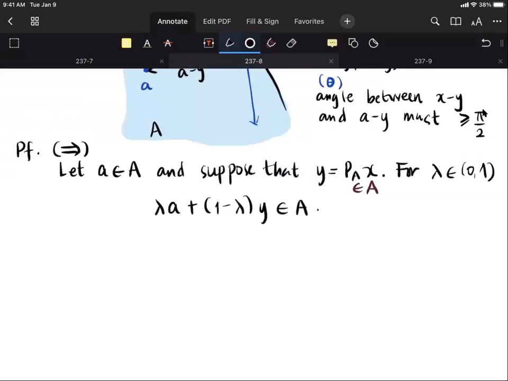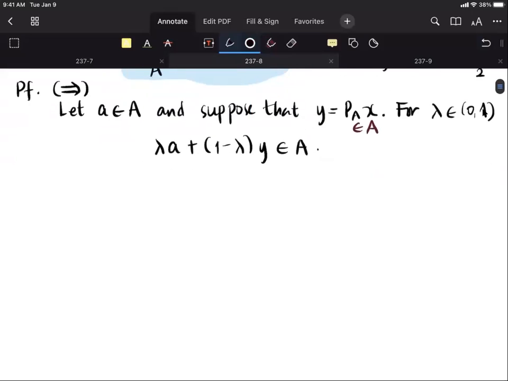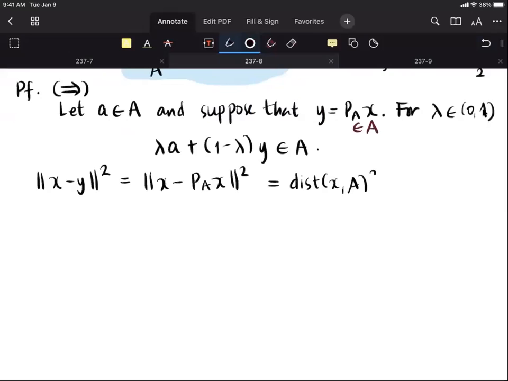So from this, let us take note that x minus y squared, well, y is equal to the projection. So this must be x minus the projection squared, and this is equal to the distance between x and the set A squared.